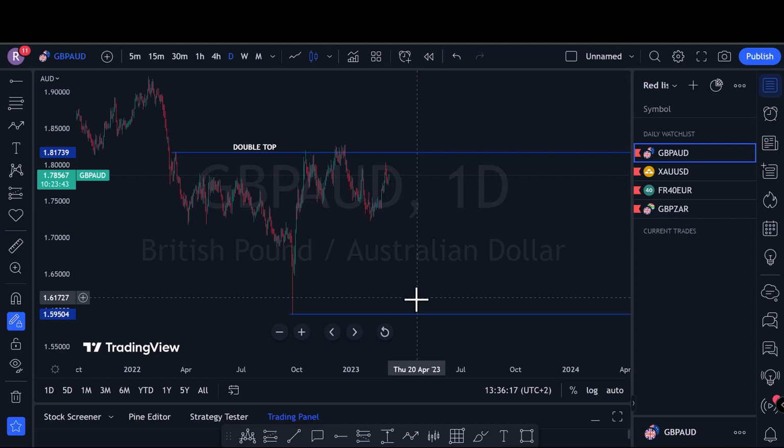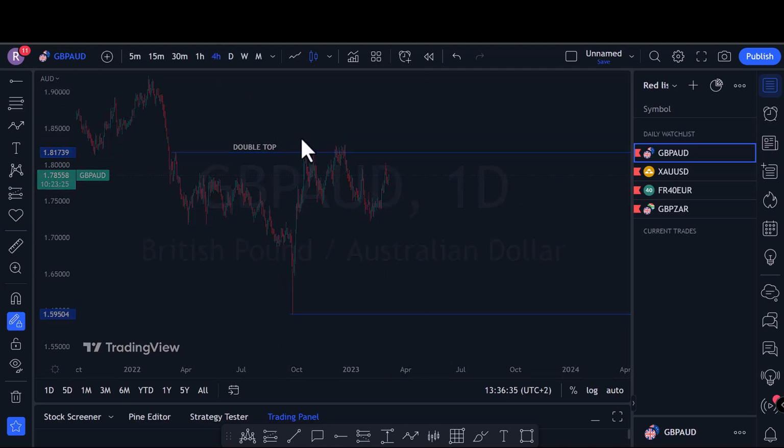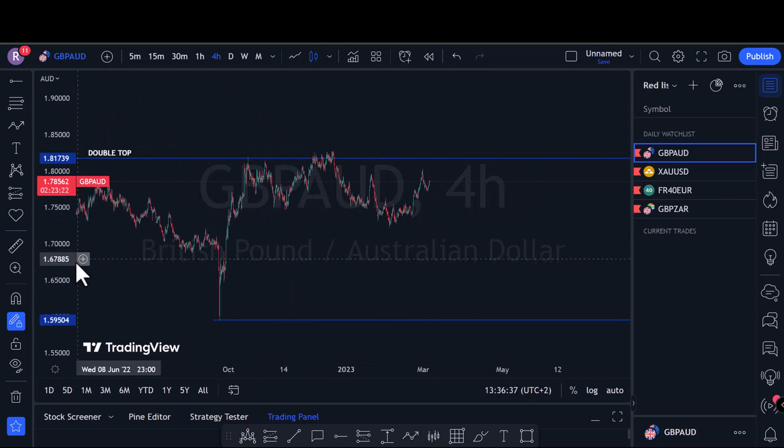What are we going to be doing on the lower time frames? We're going to be finding continuation structures to the downside, because we now know our market direction is to the downside. So we have a bias now. A bias is telling us that the price is going to the downside. So let's go to the 4 hour and identify our continuation patterns.